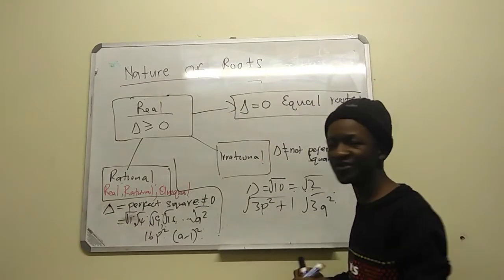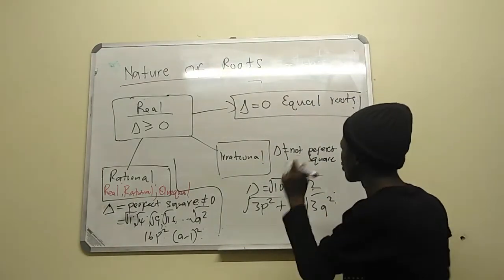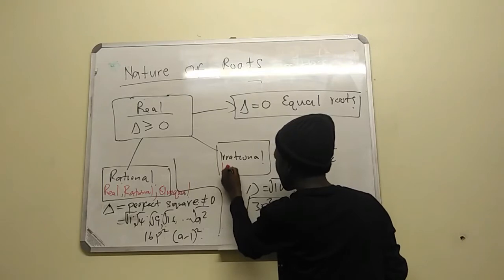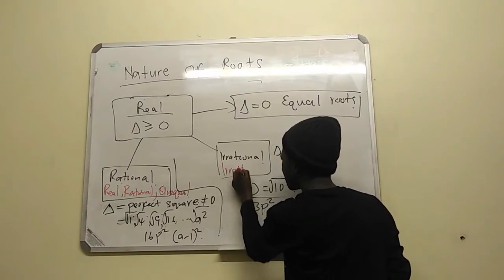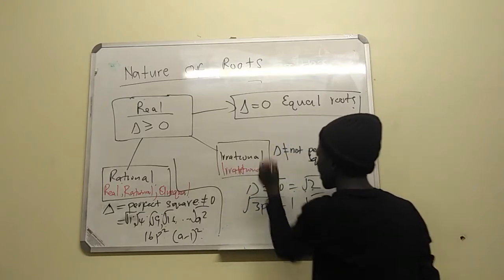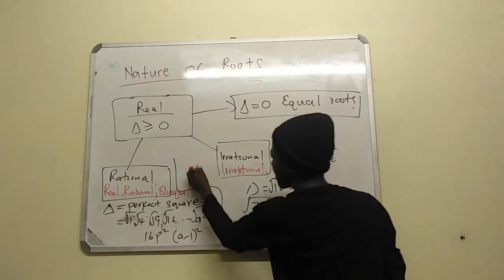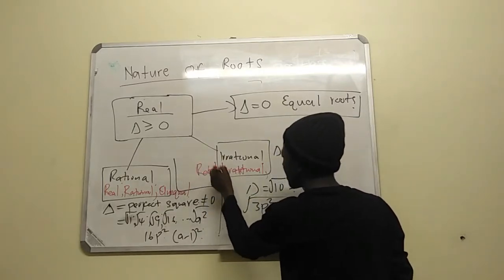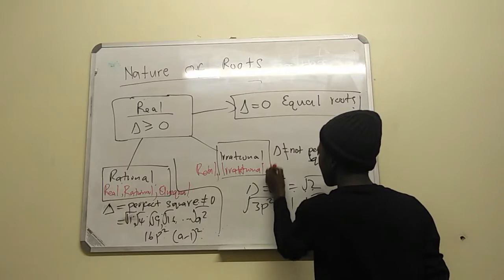But if the delta is not a perfect square, the roots are real, irrational, and unequal.